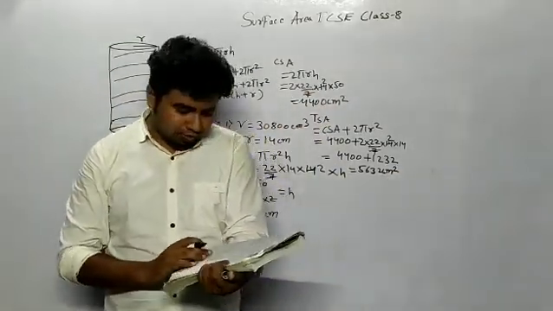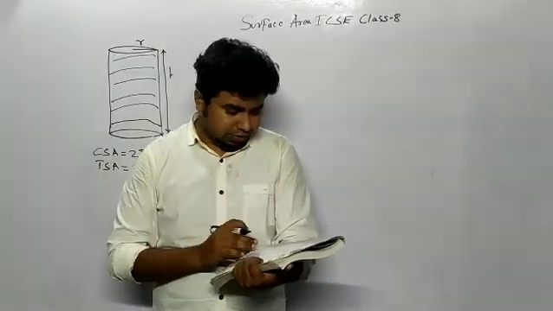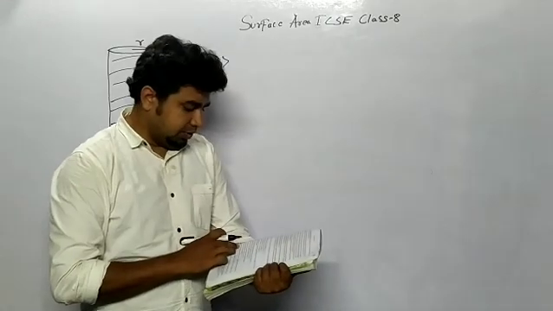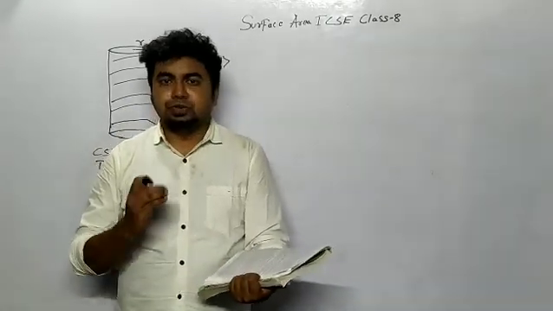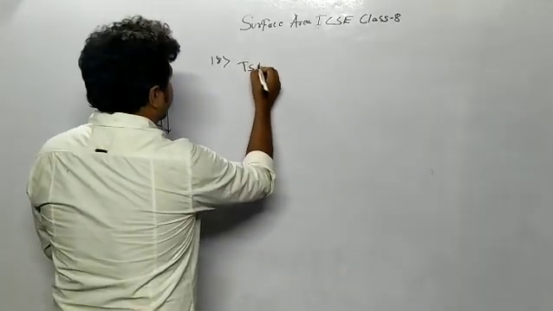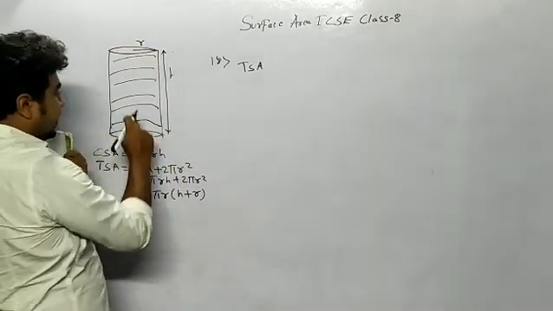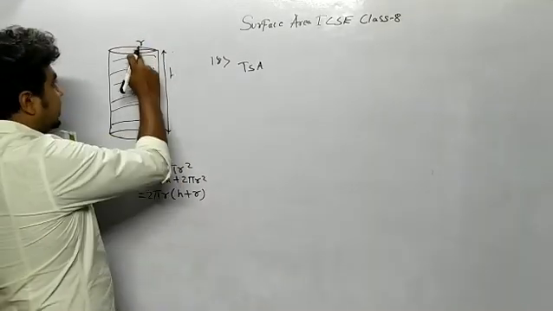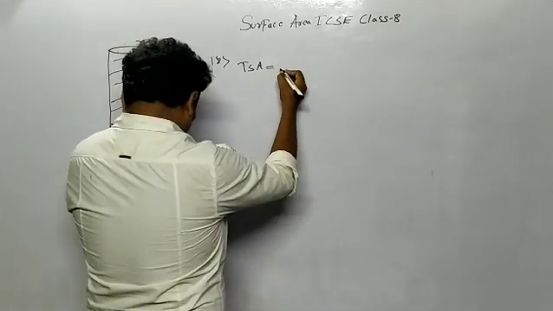Now we will be moving to question number 18. In question number 18, we are going to discuss that total surface area of a cylinder is given, 924 centimeter square. Total surface area is curved surface area plus area of circle at the top as well as at the bottom.